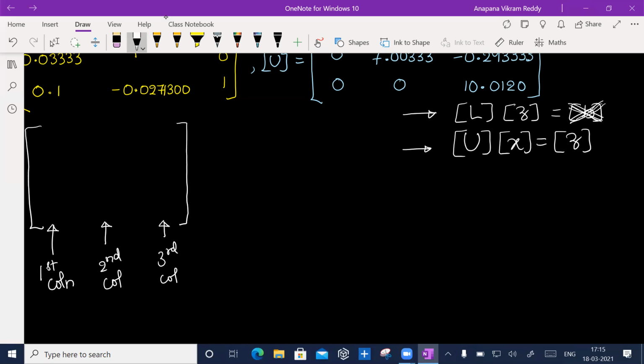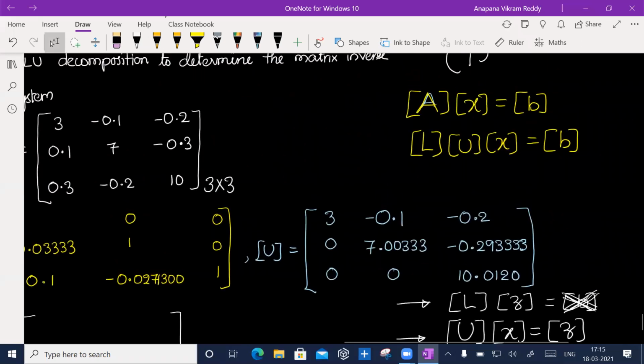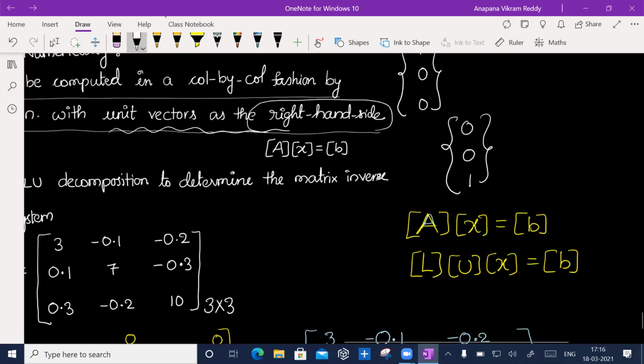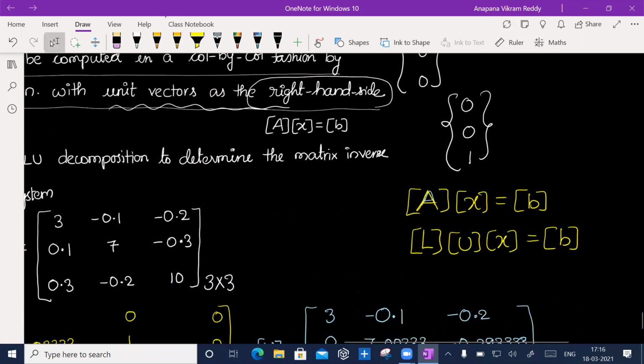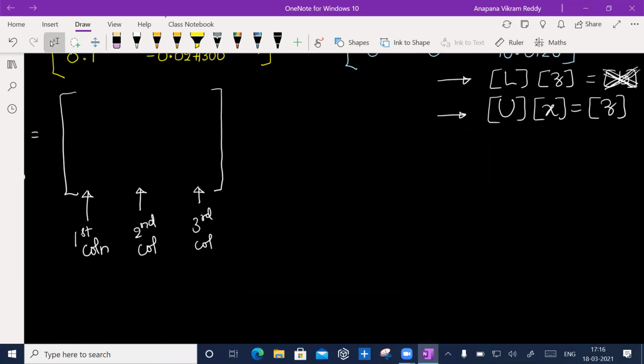Instead of B, I will start taking the right hand side unit vectors like this. For example, you take the identity matrix, a 3 by 3. What do you have?